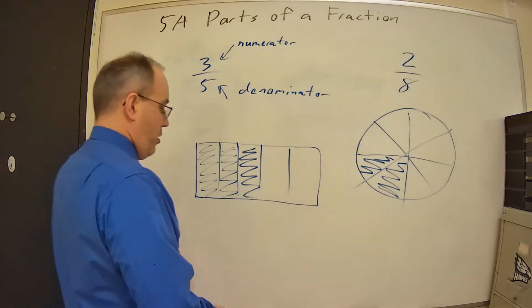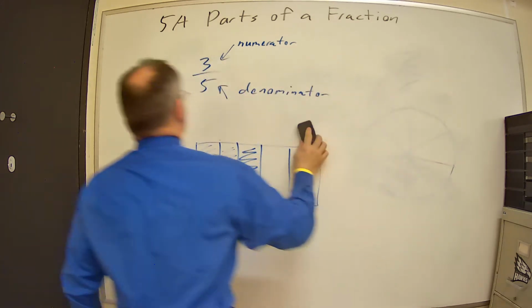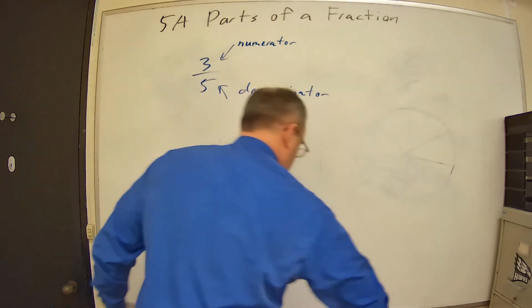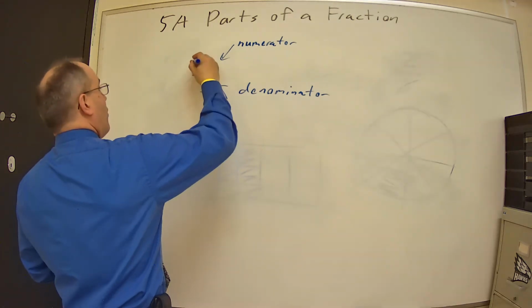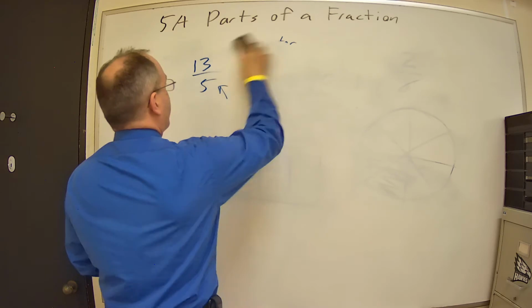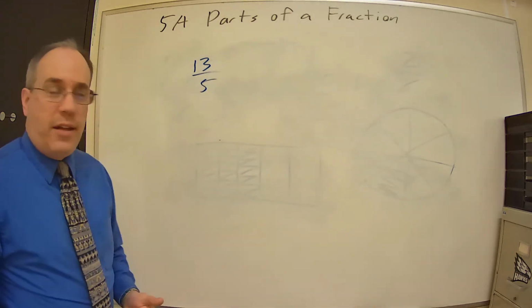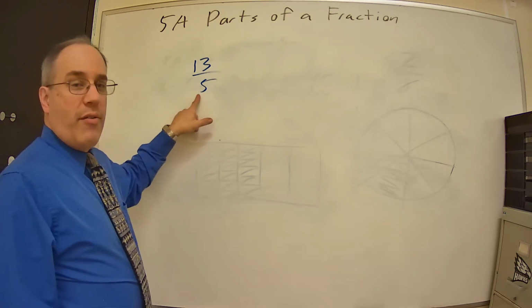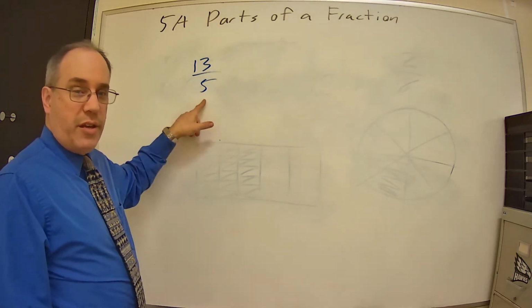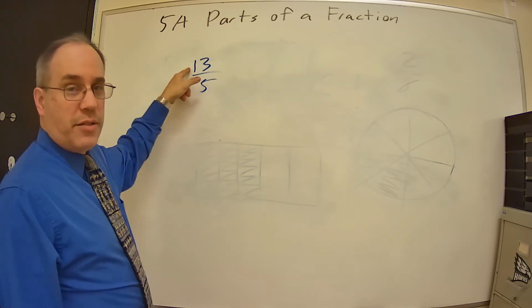Well, what if we went a little crazy with this and said, 13/5. Well, what does that tell us? That tells us that 5 pieces will make up a whole one. And we have 13 pieces.